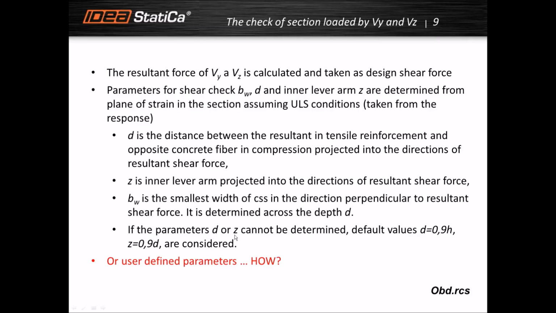If the parameters D or Z cannot be determined, and there are some cases, for example if we have a section loaded in compression, then we use the default value 0.9D for the inner lever arm. Or of course the user can define his own parameters, and that's the answer to what to do then.